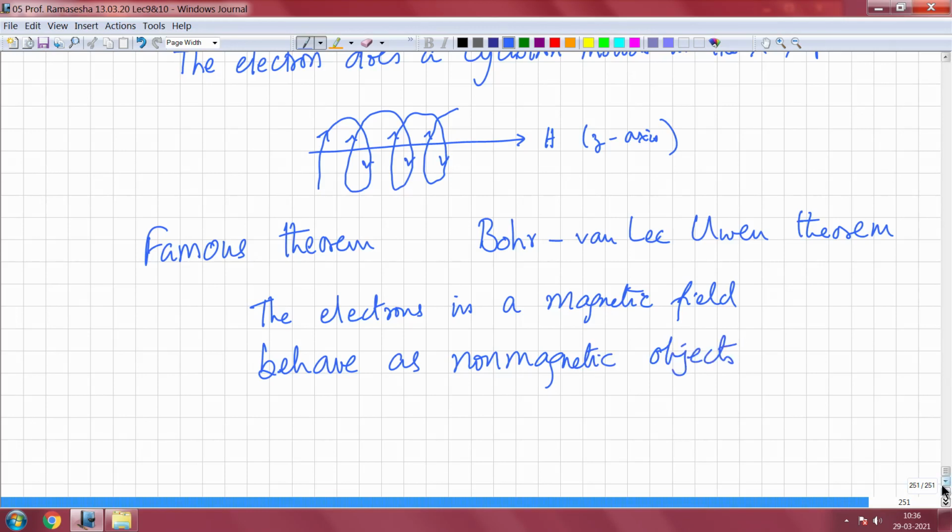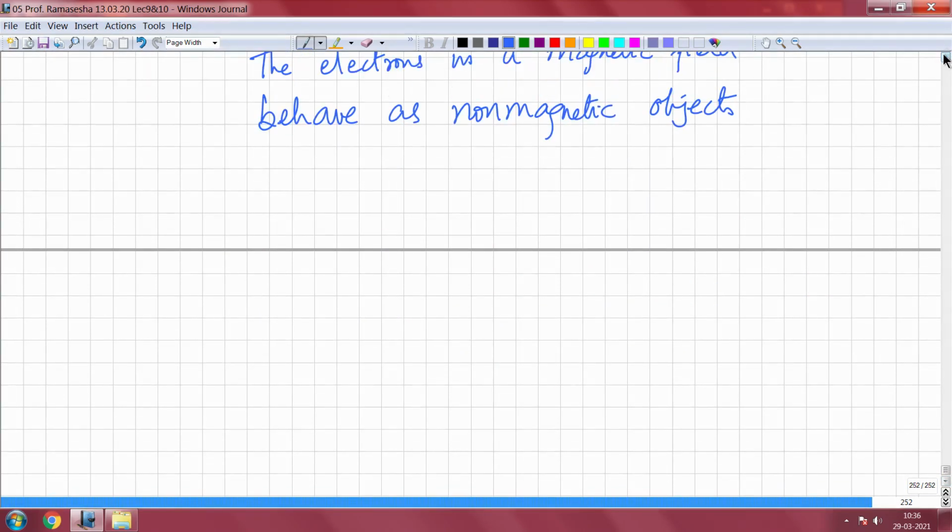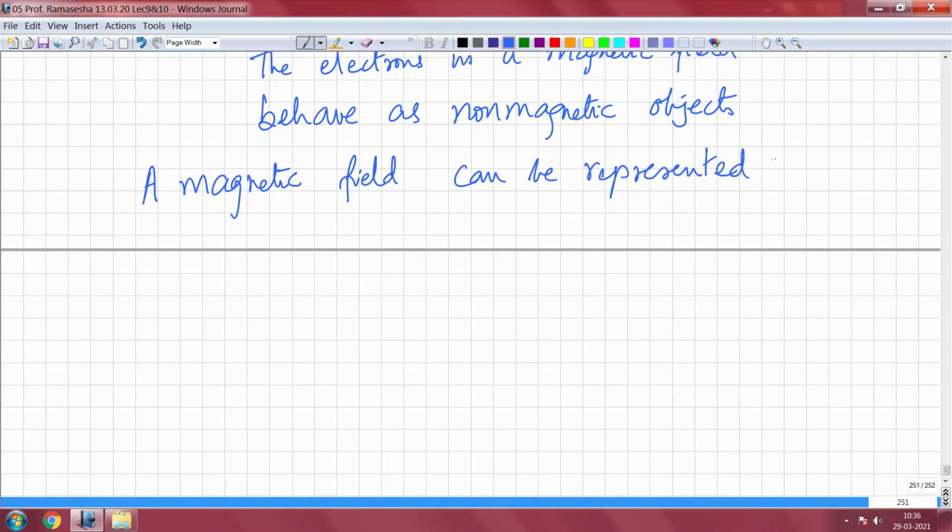This can also be known from the fact that a magnetic field can be represented by a vector field, by a vector potential.